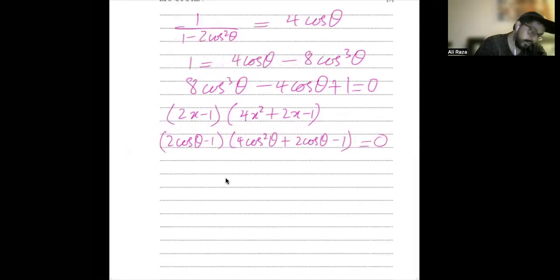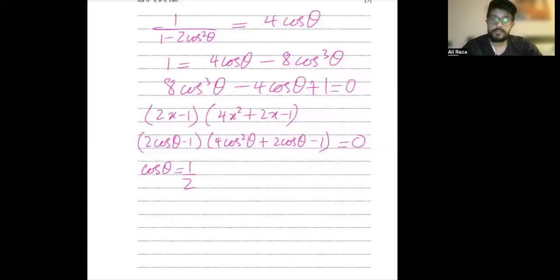One of the factors would result in the solution cos theta is equal to half. The other values for cos theta are 0.31 and minus 0.81.